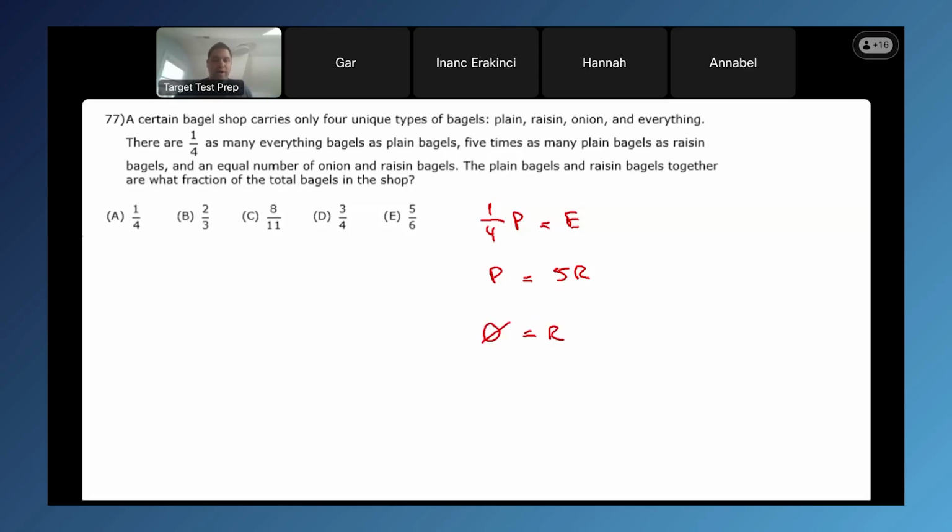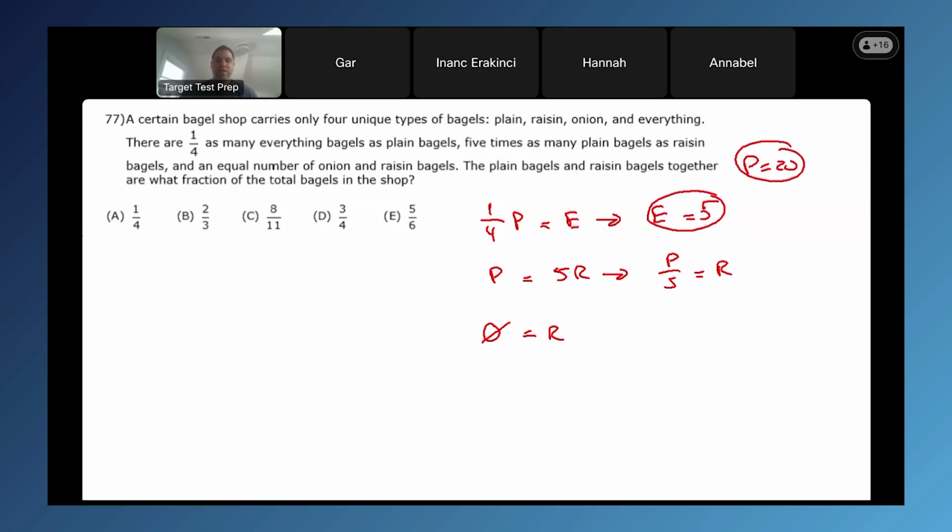So from here, did you guys go ahead and maybe plug in some real values after doing out these equations to start? Because another thing too is you can actually rewrite this to say P over 5 is R, and then you use a real value for P, right? So I'm going to make P 20, for example. If P is 20, everything would be 1/4 of that, which is 5.